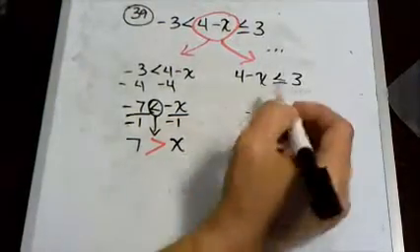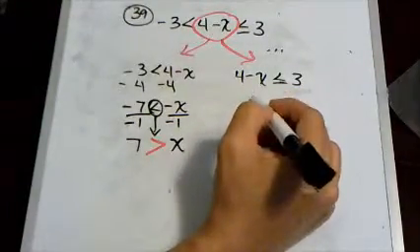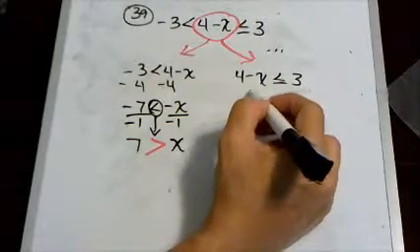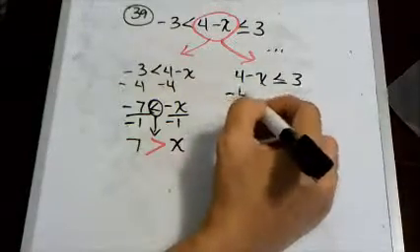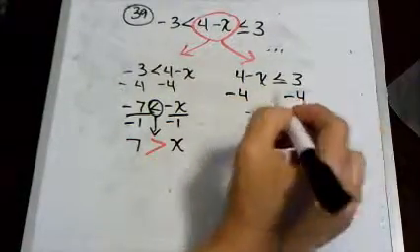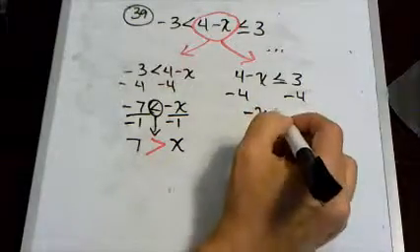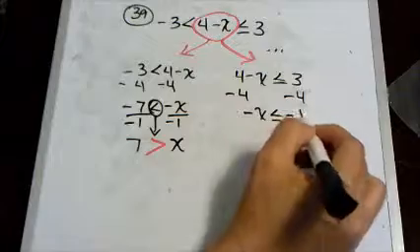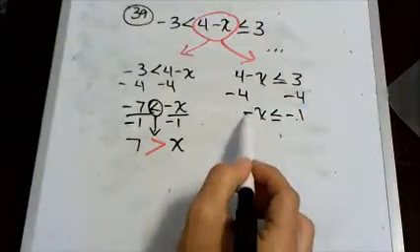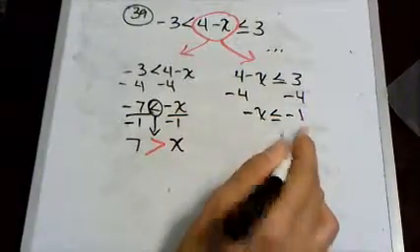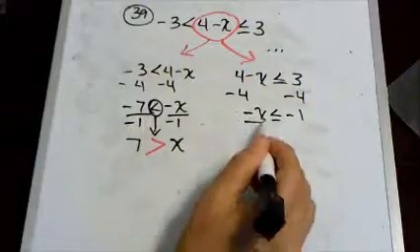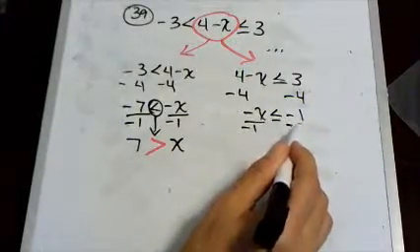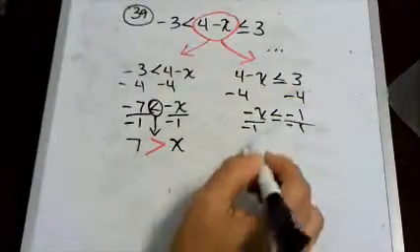Now let's go to this side over here. We're going to put a -4 here, -4 here, negative x. That 3 minus 4 is -1. Now we have the same thing, a negative right here, so when we divide by -1, we're going to have to change the sign.